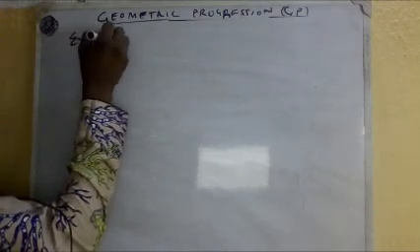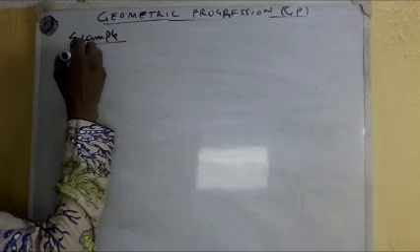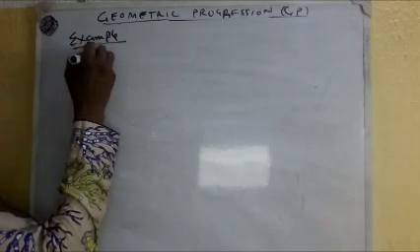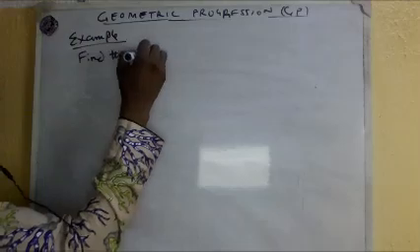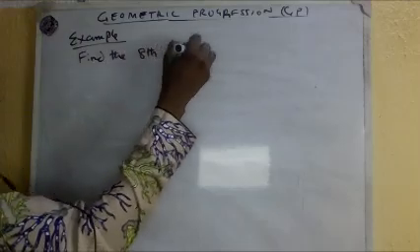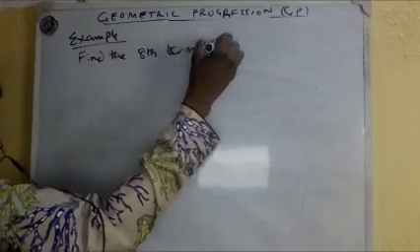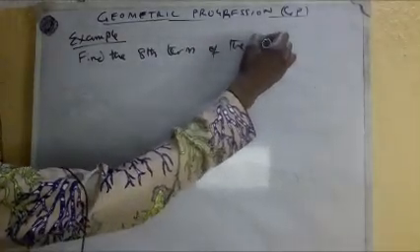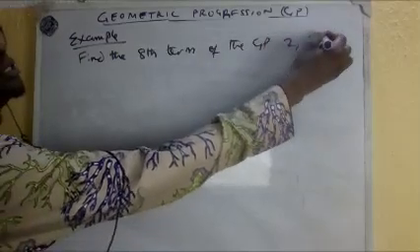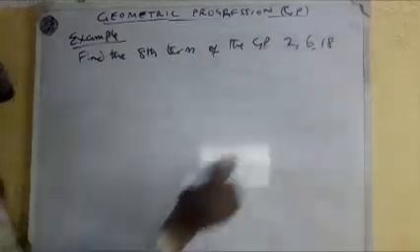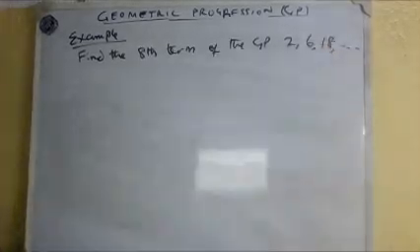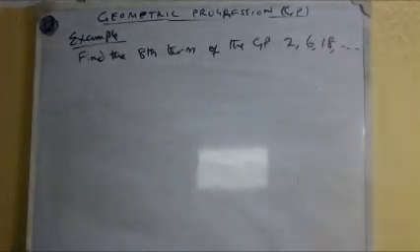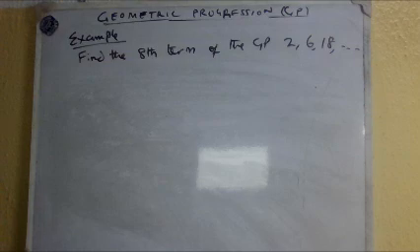Another example, say find the 8th term of the GP 2, 6, 18, and so on. From here, the common ratio is 3, right? So find the 8th term.